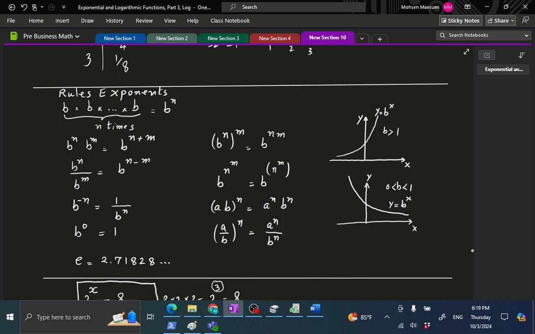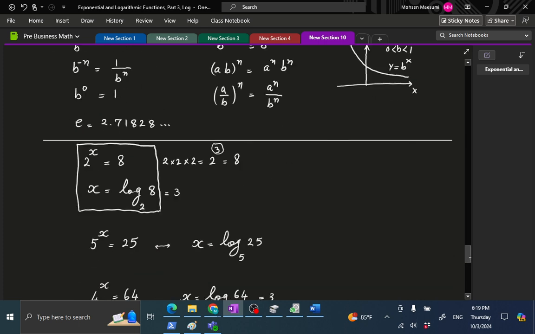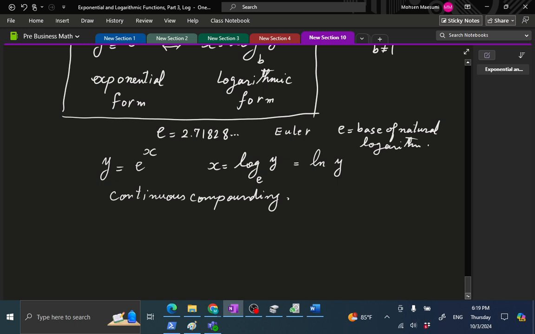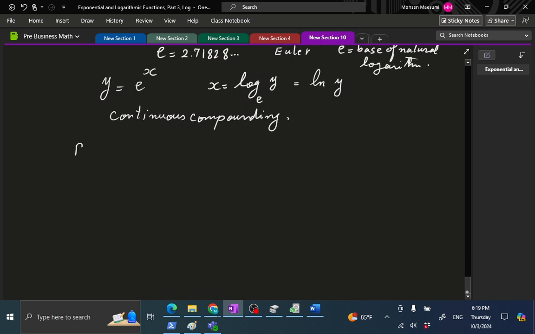Let's go ahead and investigate that and see what the rules of logarithm are. So we are going to talk about rules of logarithm.